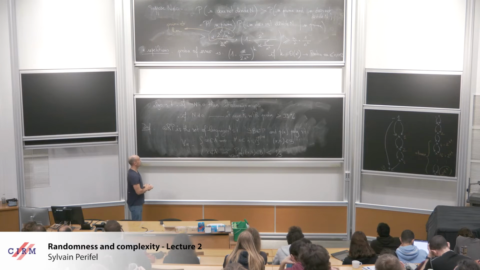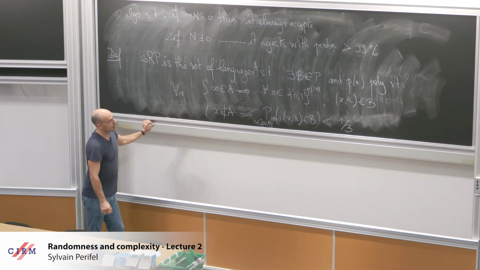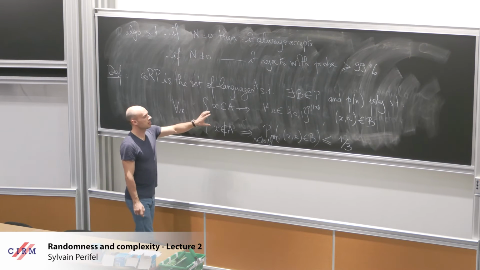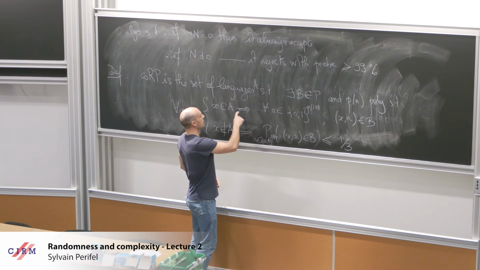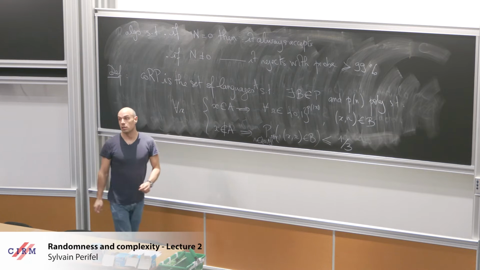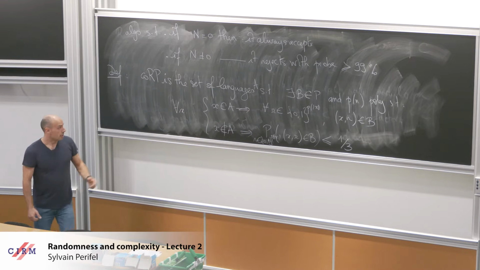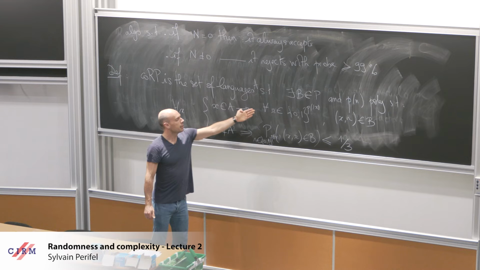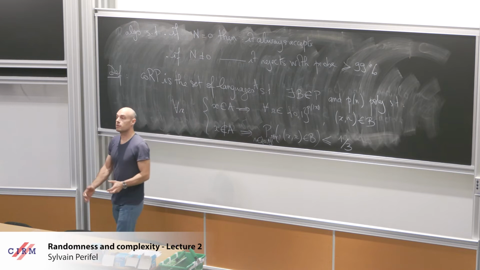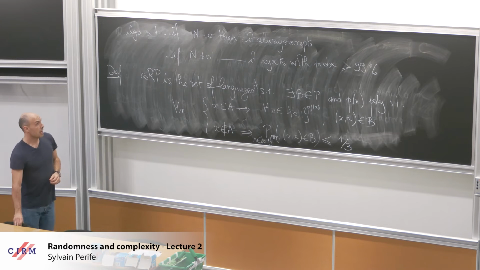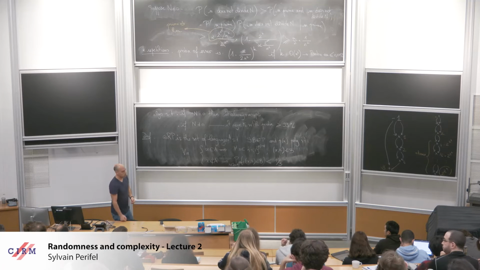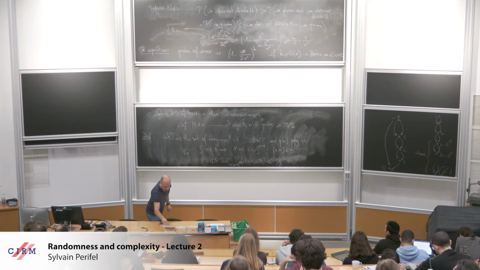This is the class co-RP. You may wonder why we have this difference between acceptance and rejection: acceptance is done without error, and rejection is done with a probability of error. Actually, there is another class called BPP, which is symmetric.